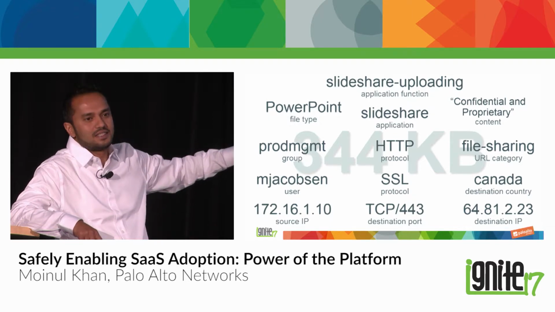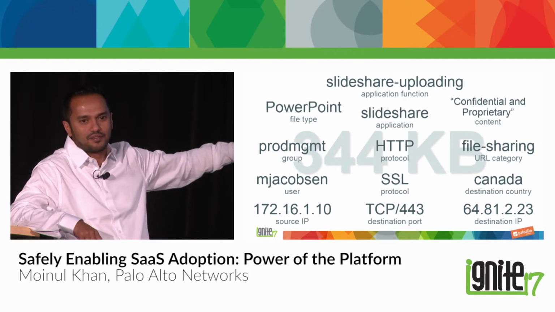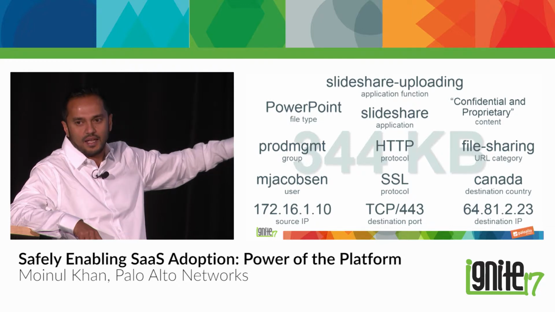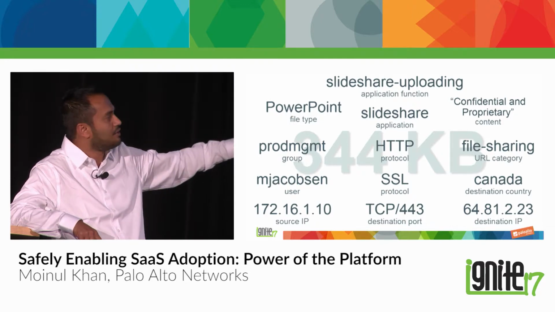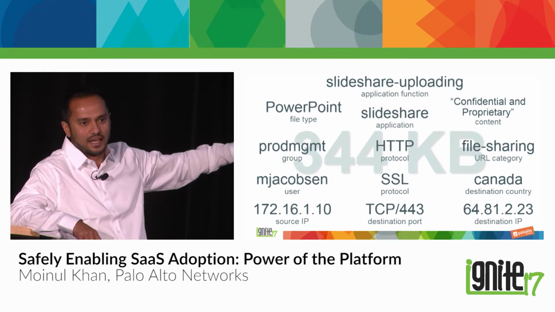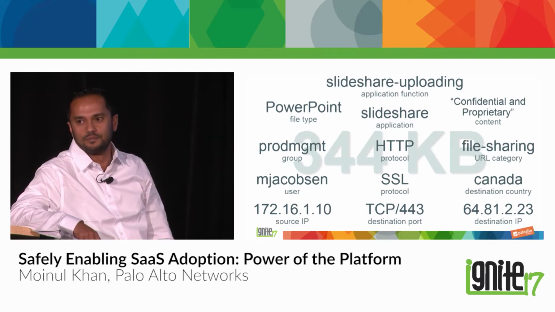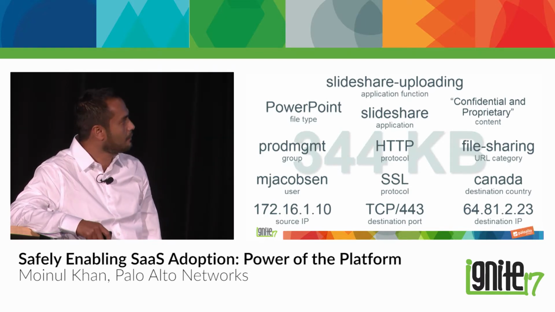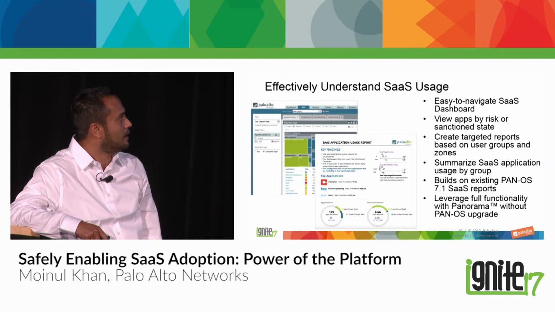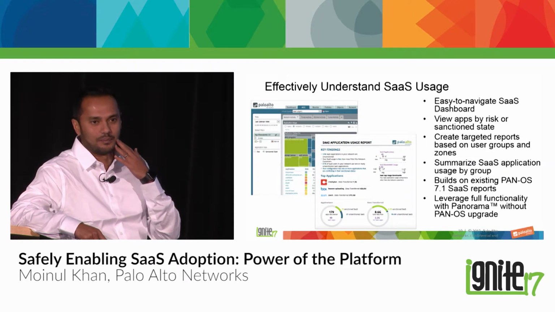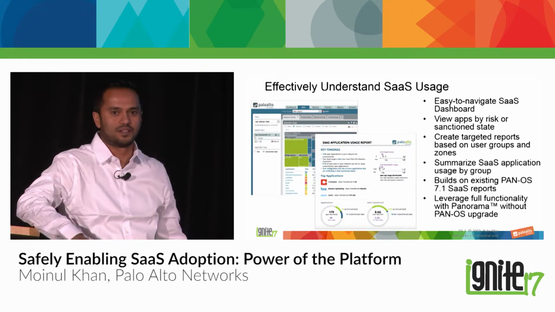So once again, this is natively built. This is coming from the next generation firewall. And a lot of our existing customers use this platform to secure SaaS. You guys probably know about our SaaS application visibility report.